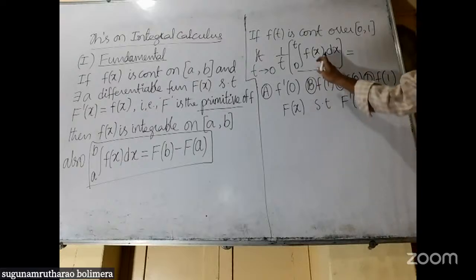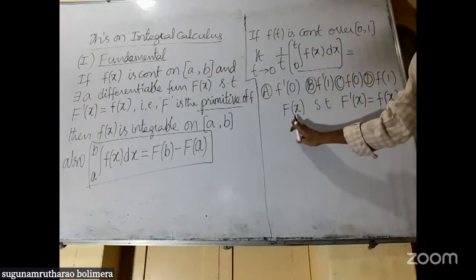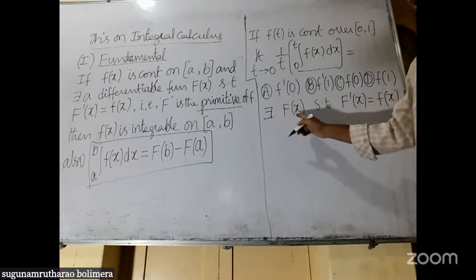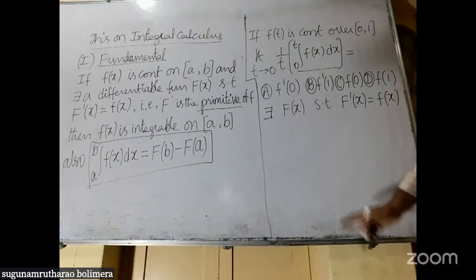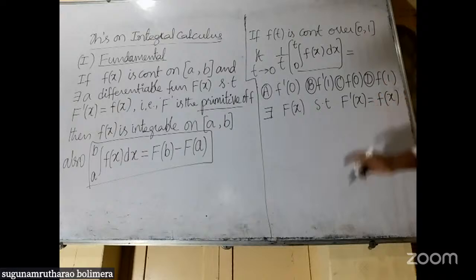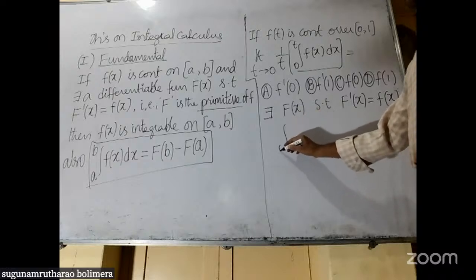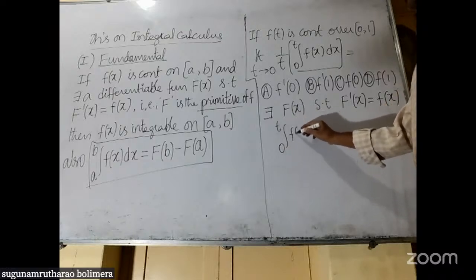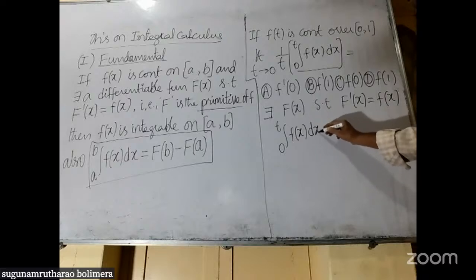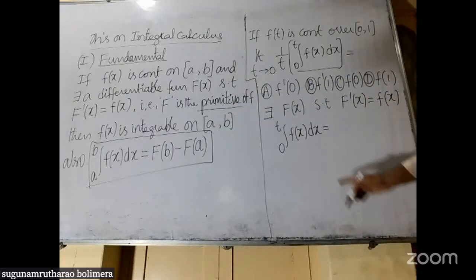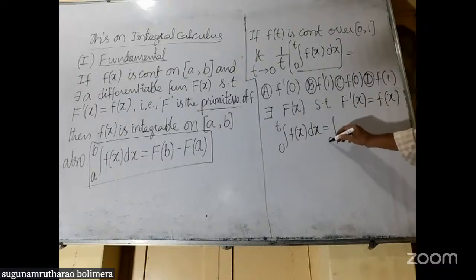So what is this now? As f of x is given, there must be a differentiable function capital F of x such that capital F dash of x is small f of x. Now the integral from 0 to t of small f of x dx will be equal to, as per the fundamental theorem of integral calculus, the integral of capital F dash of x dx.